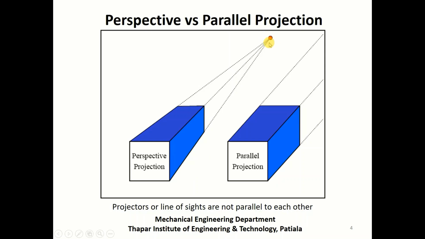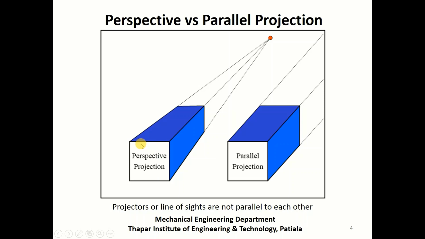So in this case the object is presented in such a way that out of three directions, the edges in one direction appear to merge at one point. This is called a 1 point perspective projection system. Later we will also see different examples where even the edges along the width direction, that is the horizontal direction, are not parallel to each other.